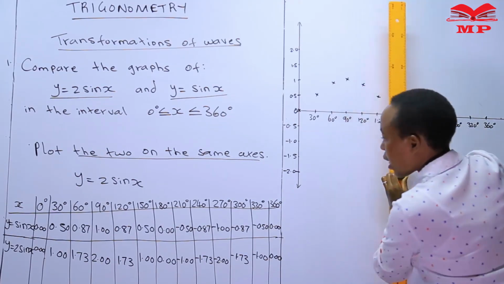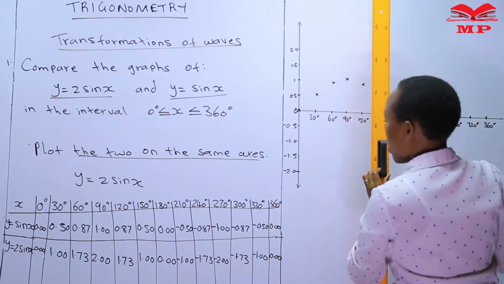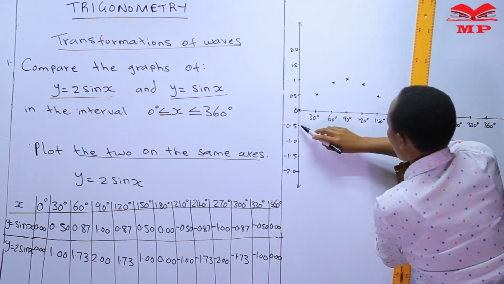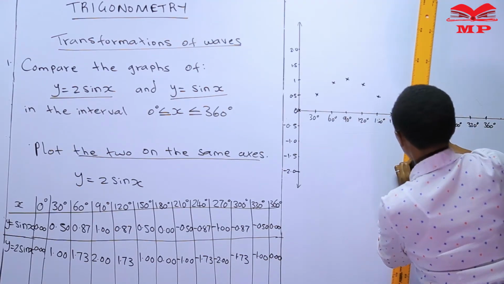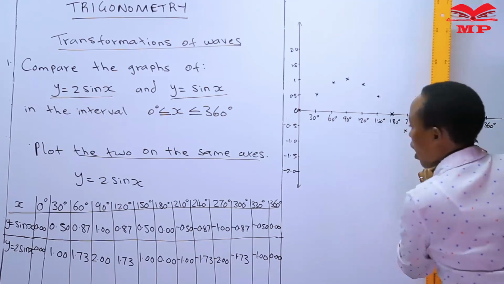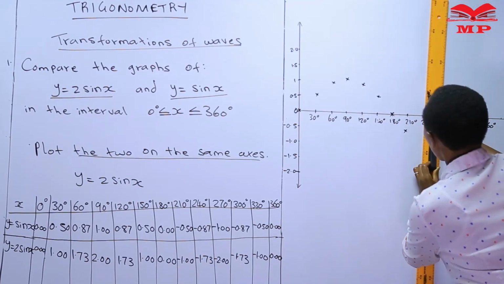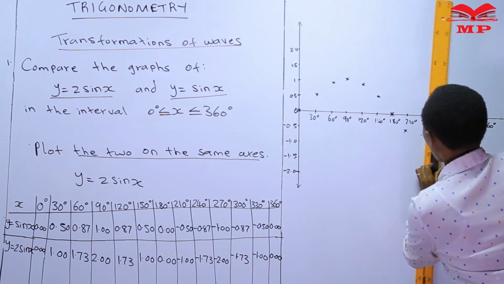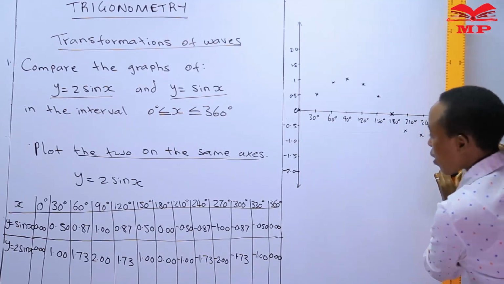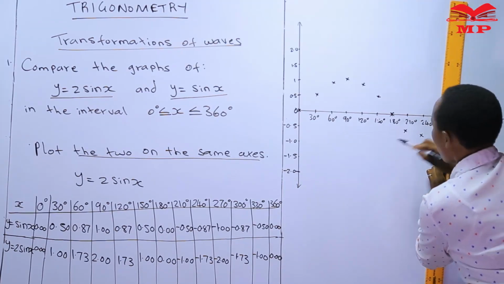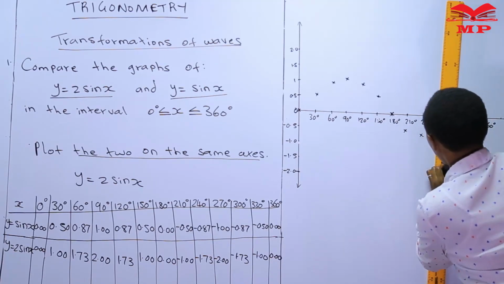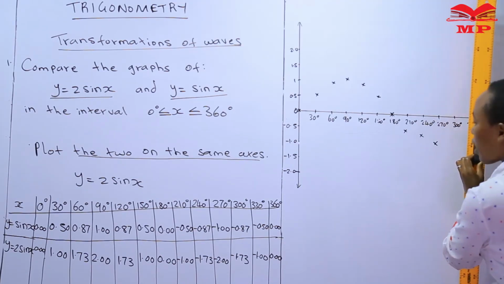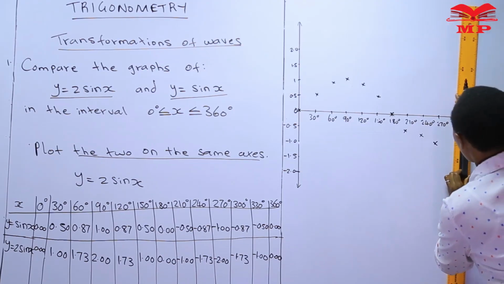Then we have 180, we have 0. Then 210, we have negative 0.5, somewhere here. Then we have 240, negative 0.87, which is almost 1. So it's somewhere here. Then we have 270, we have negative 1. Negative 1 is here. Then we have 300, negative 0.87.